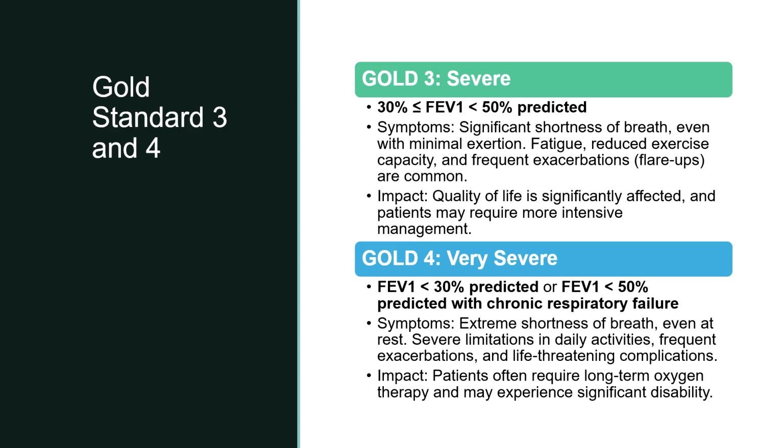You have frequent hospitalizations. At this stage, a lot of these patients end up having long-term oxygen therapy. They might also use non-invasive ventilation. It really impacts their life. And actually, at this point, probably stage 3 and stage 4, you're going to be depressed, which is quite understandable. If you can't breathe, you're going to be depressed.